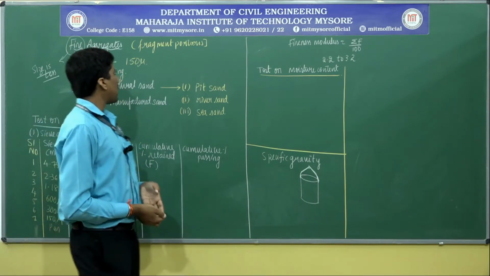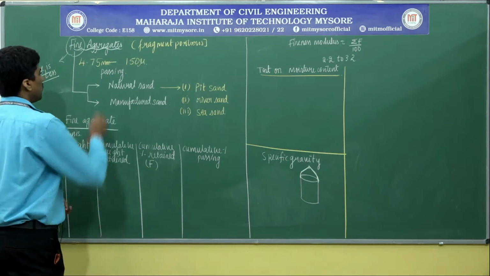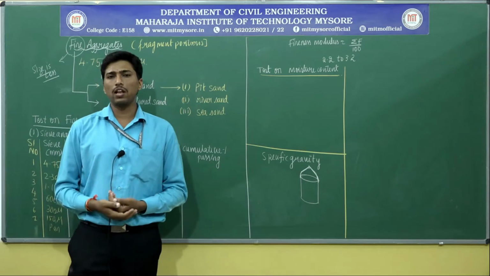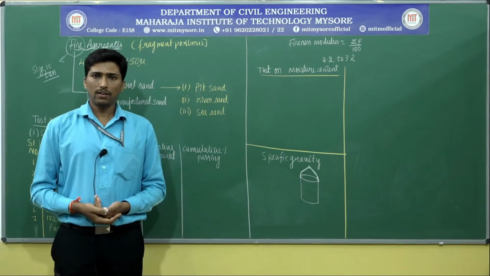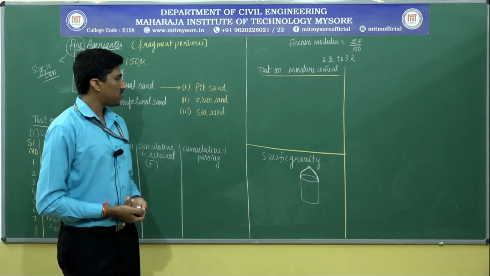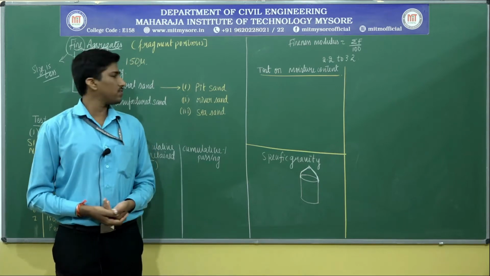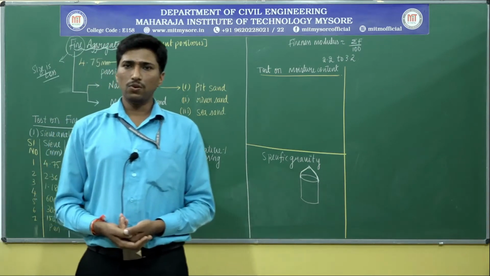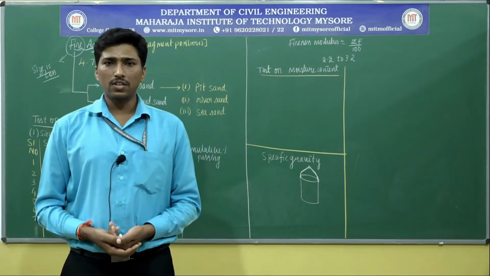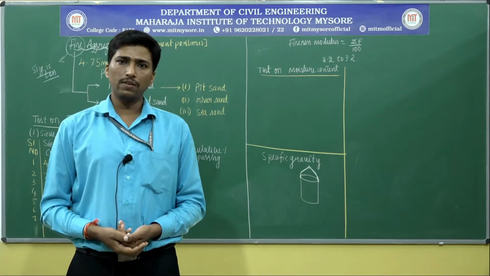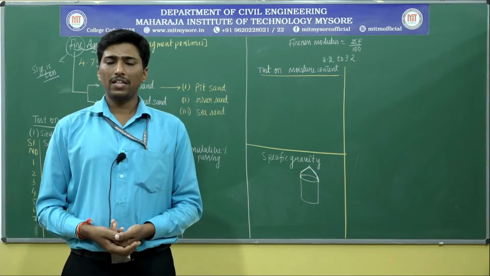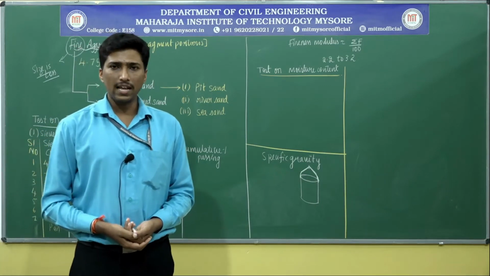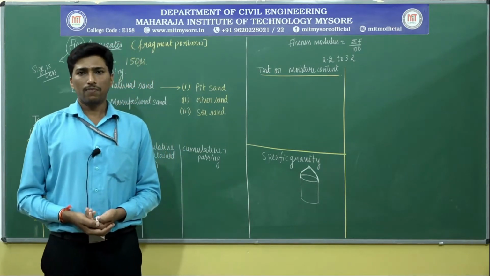And here, the types of fine aggregates which we find naturally are termed as either pit sand, river sand or sea sand. Naturally available aggregate means those derived from the disintegration of rocks through physical phenomena, by weathering action, or even sedimentary deposition leading to the formation of fragments.